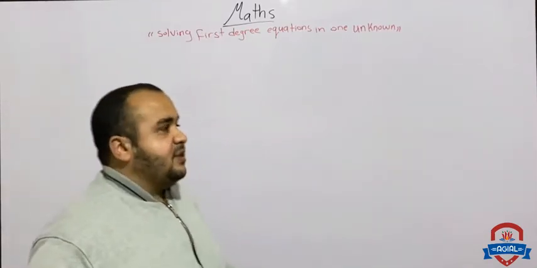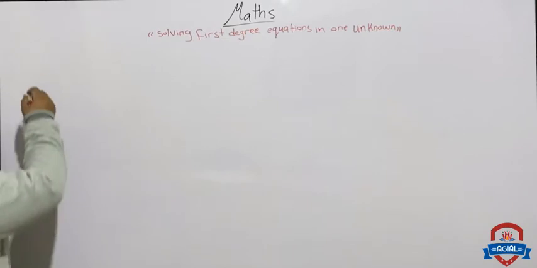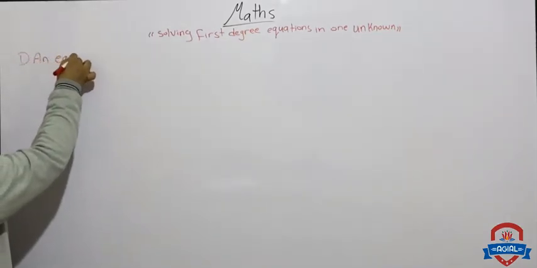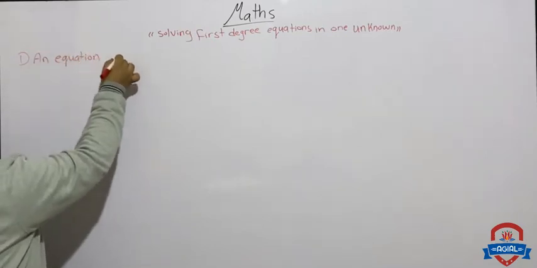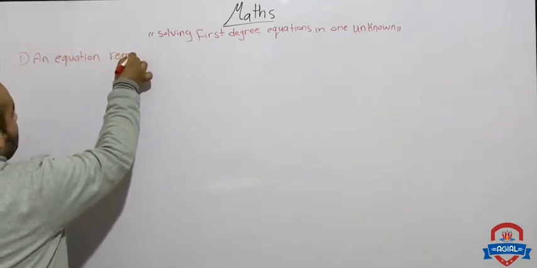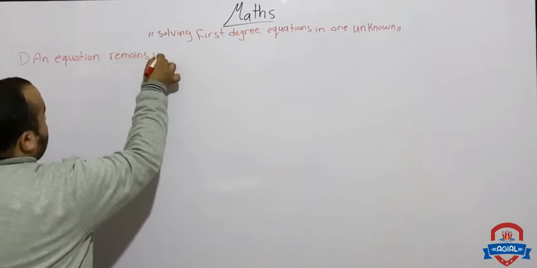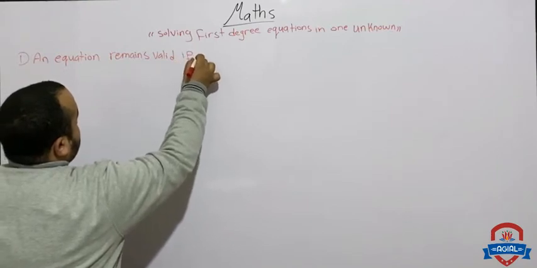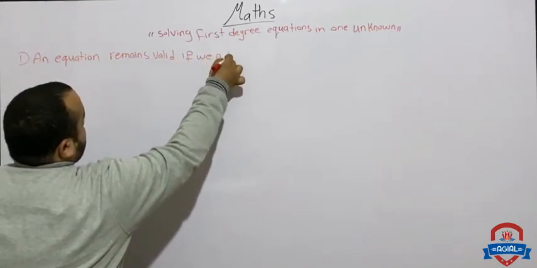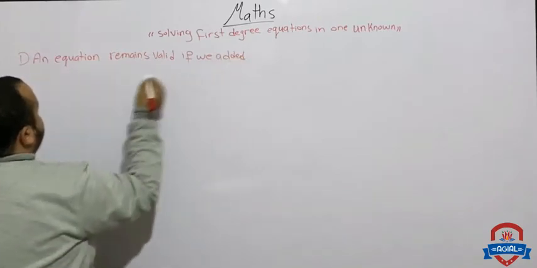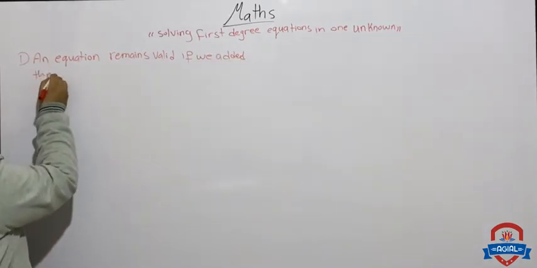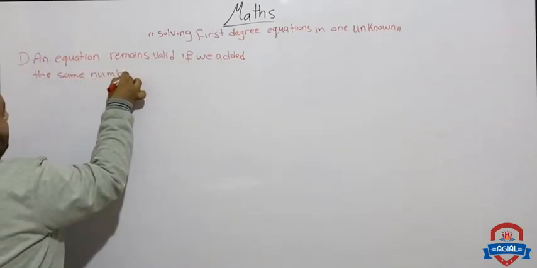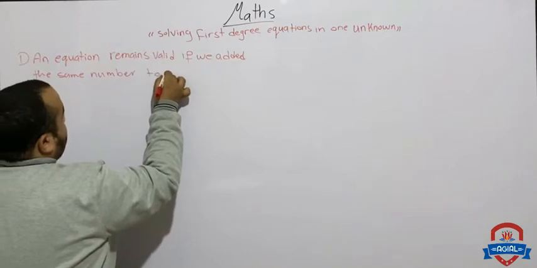The first one of these properties: an equation remains valid if we add the same number to both sides.